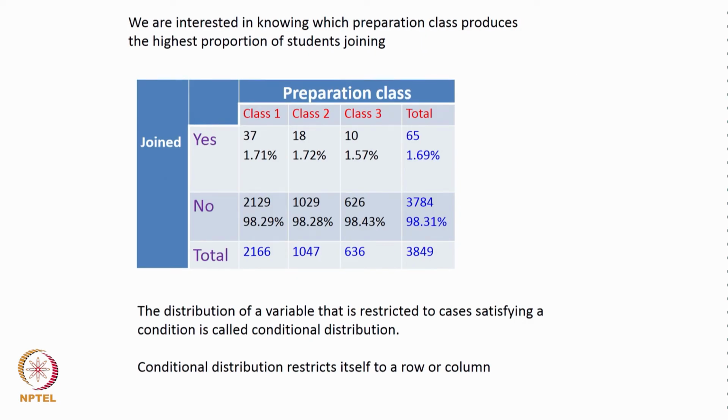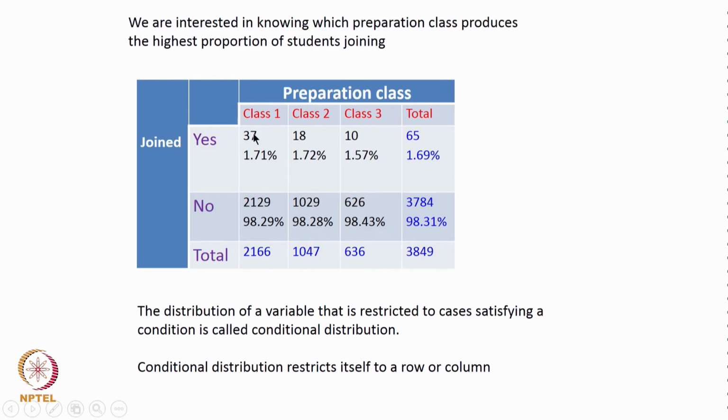Now, if we are interested in knowing is there an association between people joining and the class, or we are interested in knowing which class produces the highest proportions of students joining. So, the overall proportion of students joining is 1.69, which is 65 divided by 3849.